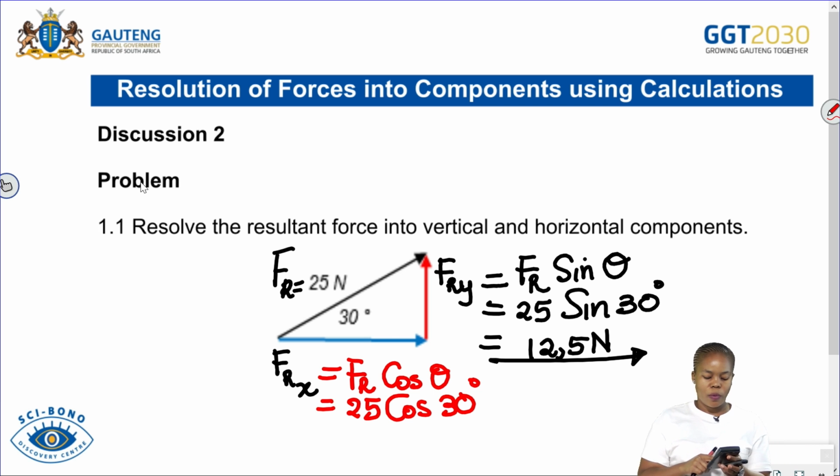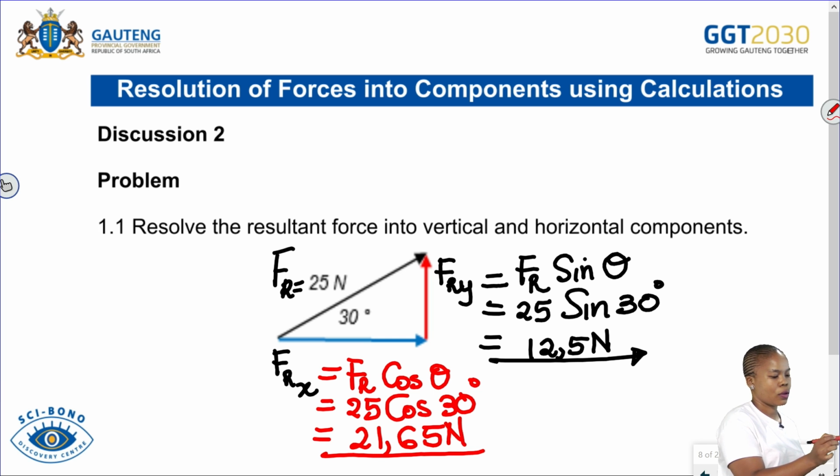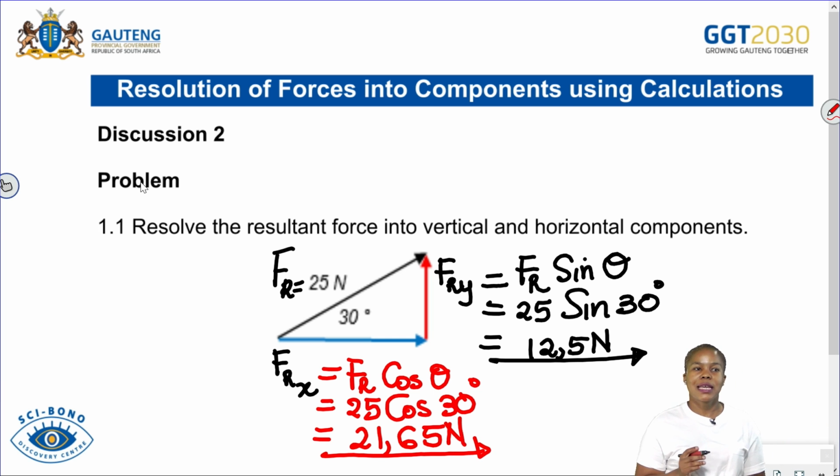We've used two different trigonometric ratios because they're on different sides. So 25 cos of 30 is going to give us 21,65 newtons. That is how simple it is to resolve a force into components using calculations.